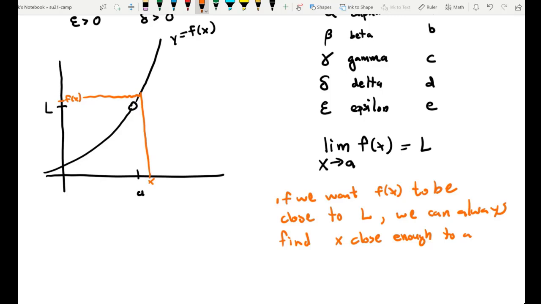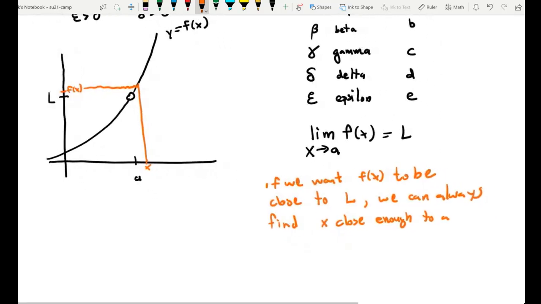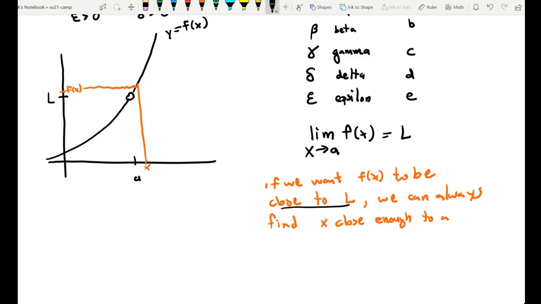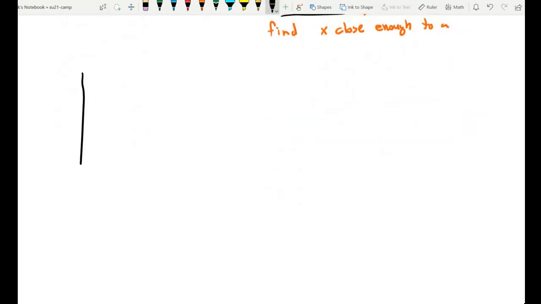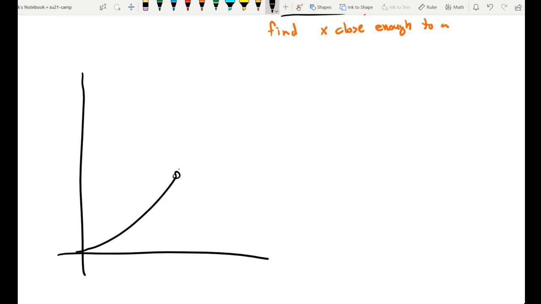Now, we want to make that better, because that's still very loosely speaking. When we say that we want f of x to be close to L, we're going to specify that there's a range.